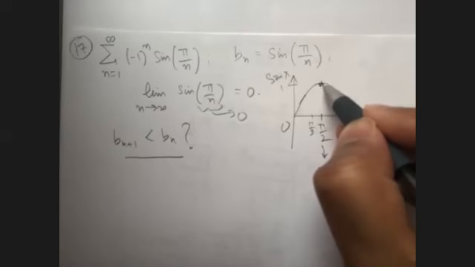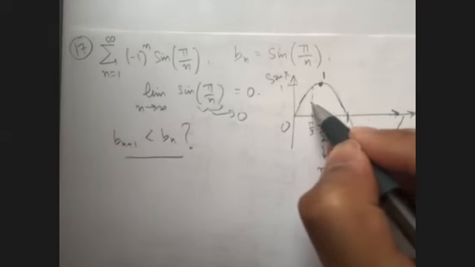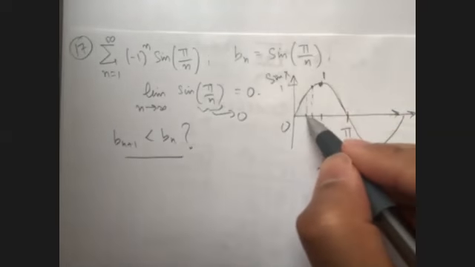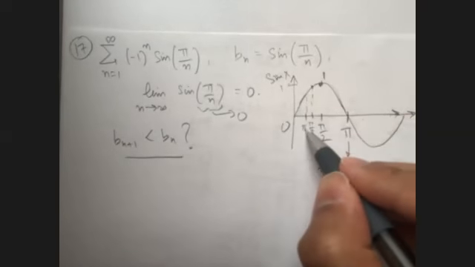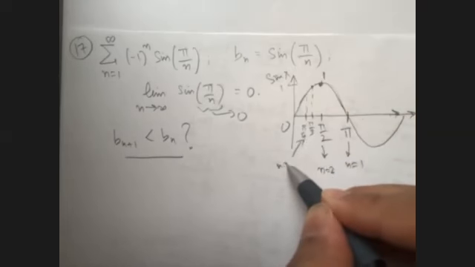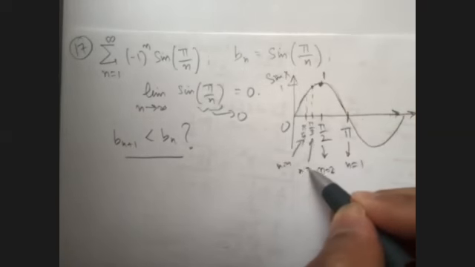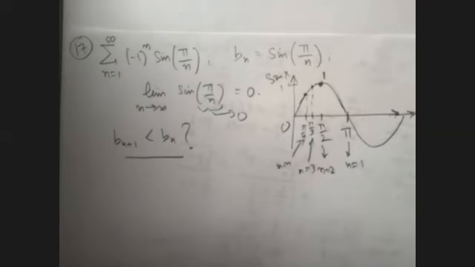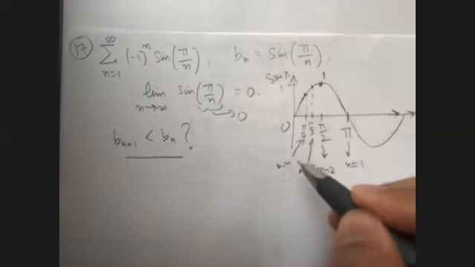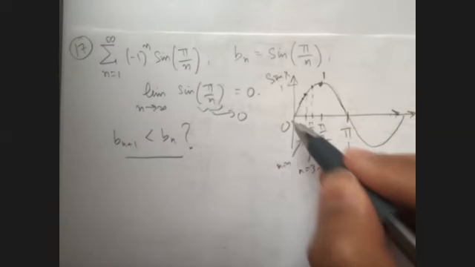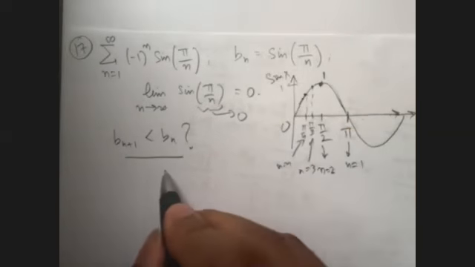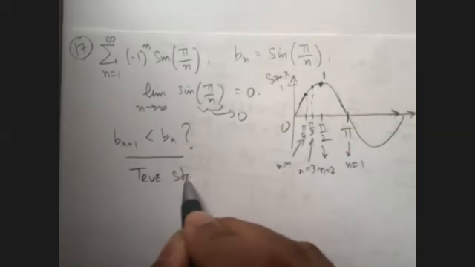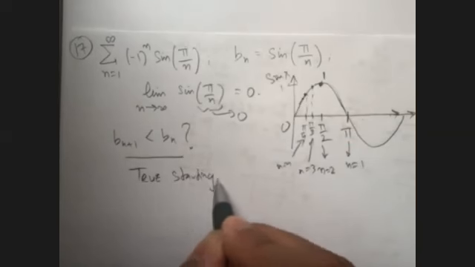So if this point is 1, pi over 3 lies here, then pi over 4. So pi over 4 lies here. Then pi over 5 will lie here, so on. So this is true starting n equals 2.